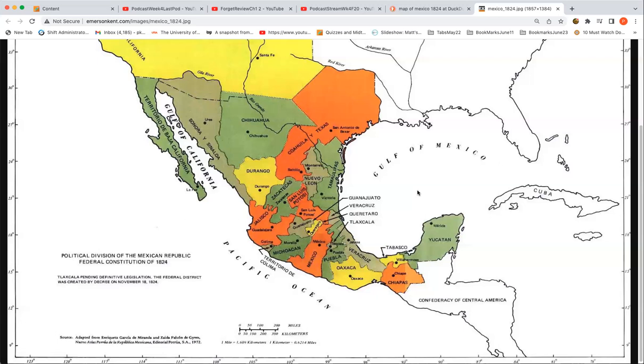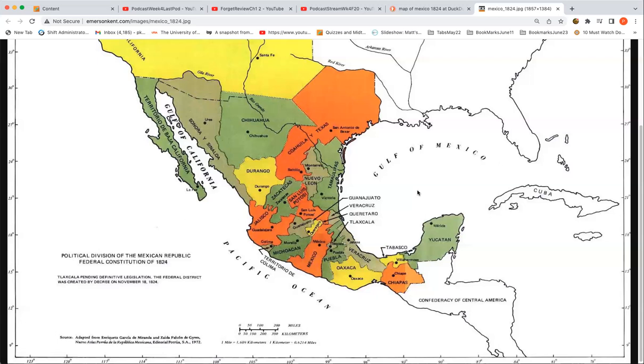Okay, so that's kind of a big picture of where we're at now. We've left the Spanish period. You might notice in the Spanish period, I didn't talk about slavery much because it wasn't a big deal during the Spanish period, but it's going to become a very, very big deal in Texas after 1821.